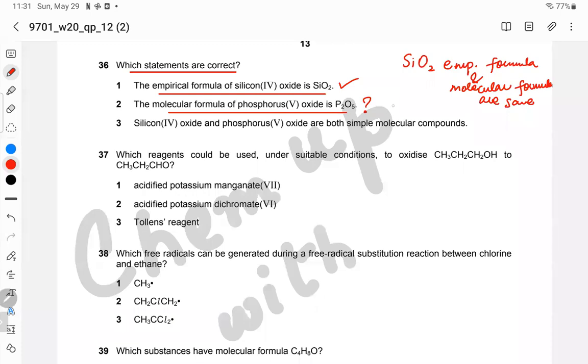So let me recall to you, there is a phosphorus oxide, it has a formula as well. Yes, very good, Halima. P4O10. This is the molecular formula of phosphorus oxide. So on the basis of that, the first statement is correct and the second statement goes wrong.